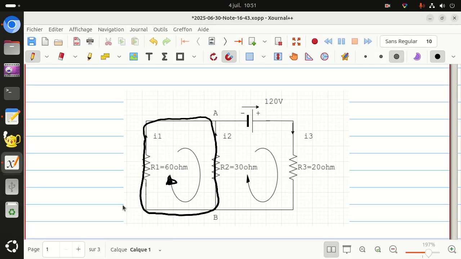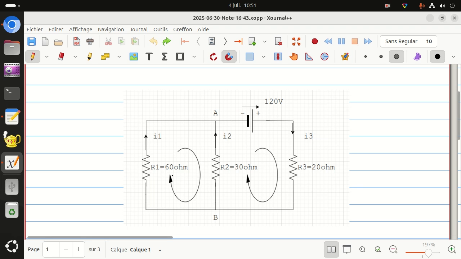You can see the direction of my loop is opposite to the direction of the current for V2.